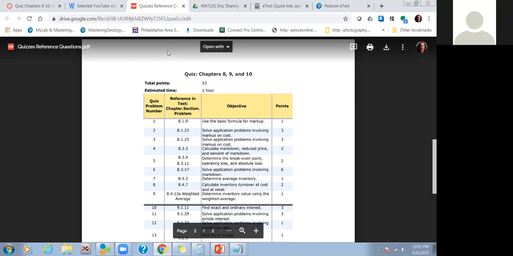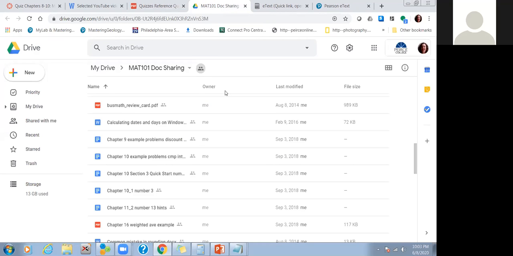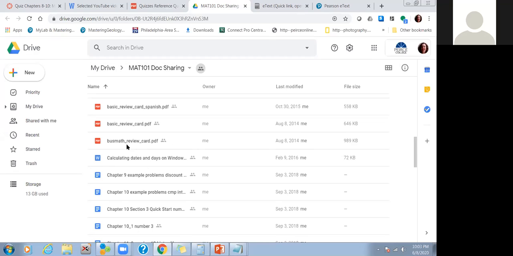I do want to point out one other resource now that we are past the halfway point. In the document sharing section, I just want to point out these two review cards here, the basic review card and the business math review card. So you have a basic math review card, which does a couple different topics and some algebra and some geometry.